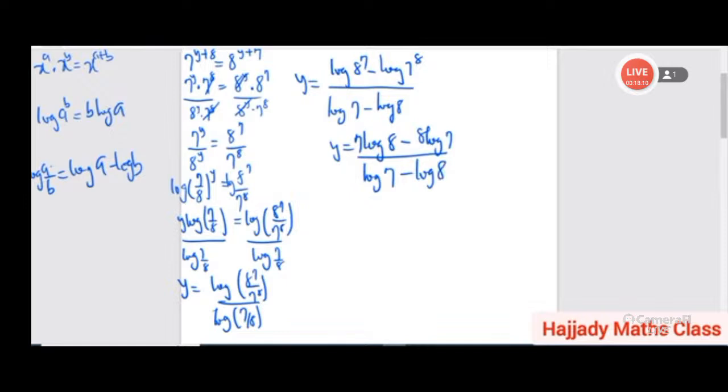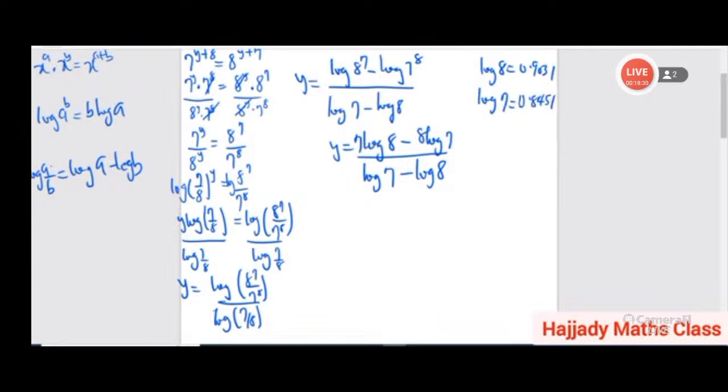Using our calculator, we have that log 8 is 0.9031, and log 7 equals 0.8451.